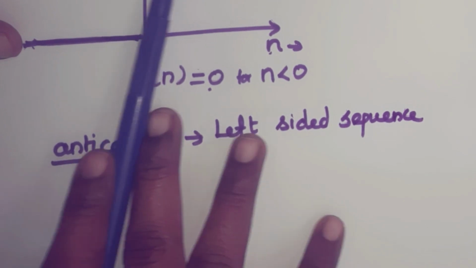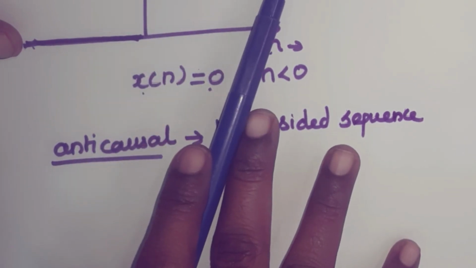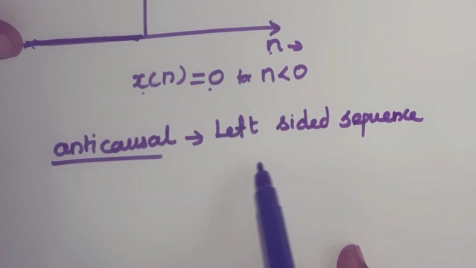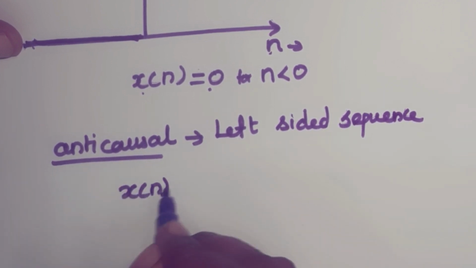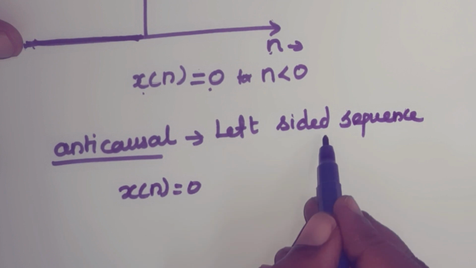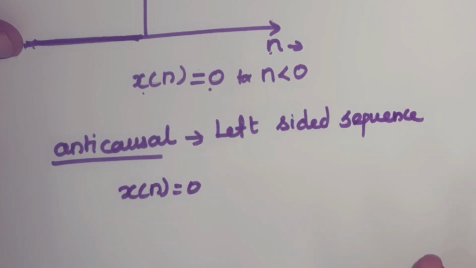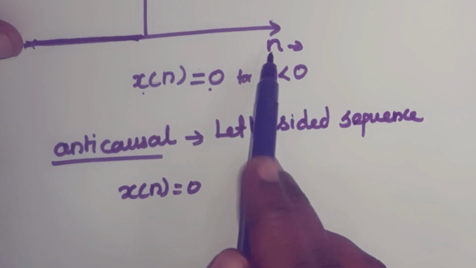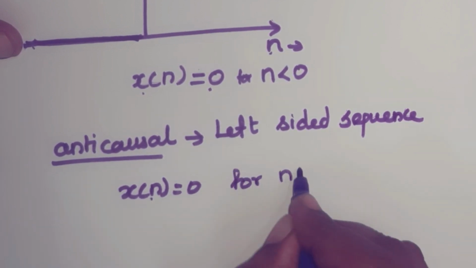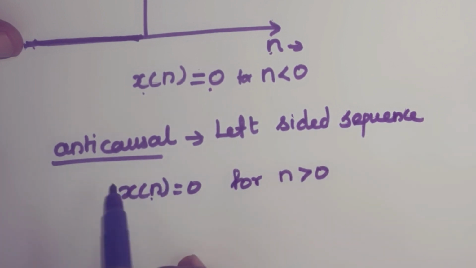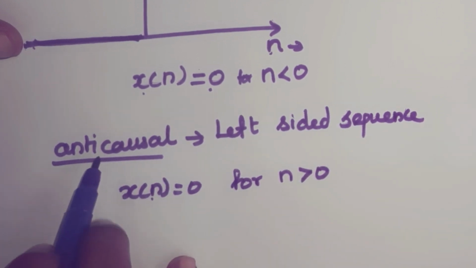And for this portion, the value of the signal is 0 because it is a left-sided sequence. So you will not get any value on the right side, where n is positive. So x of n is equal to 0 for n greater than 0. This is the condition for an anti-causal signal.